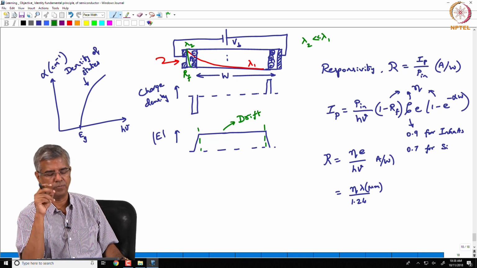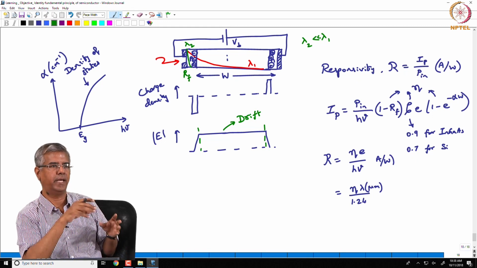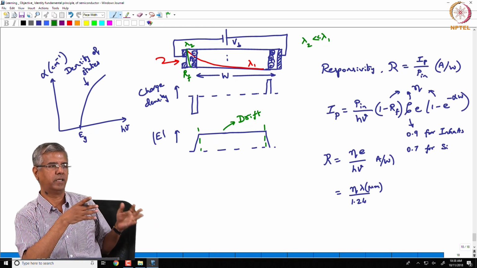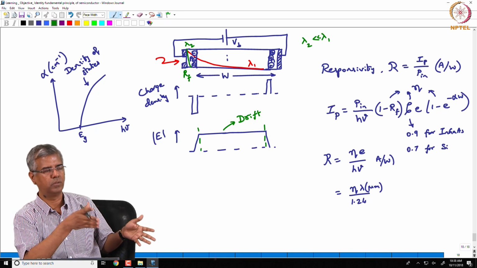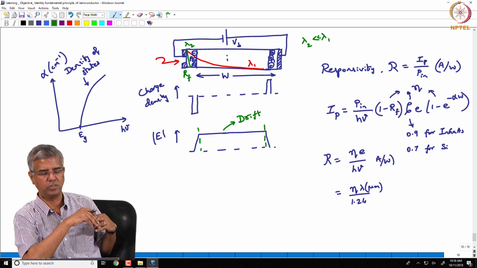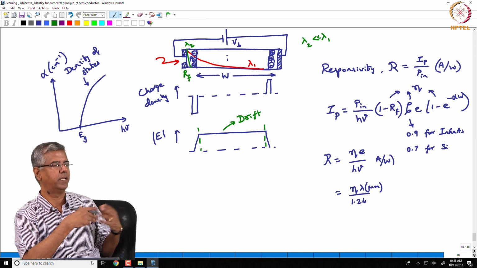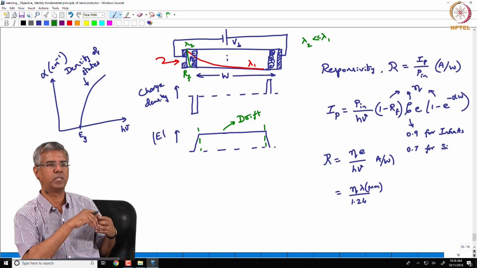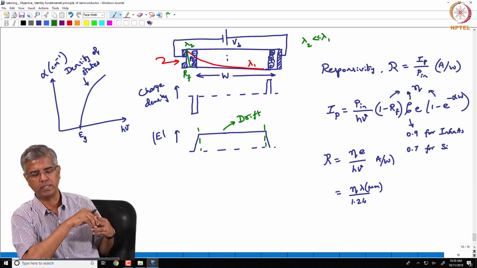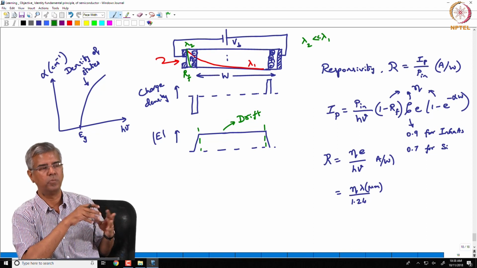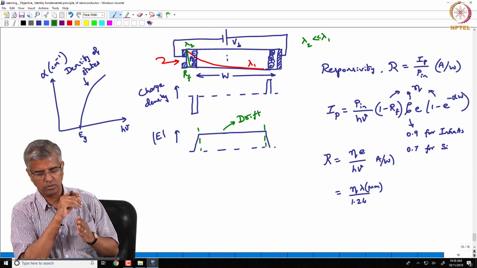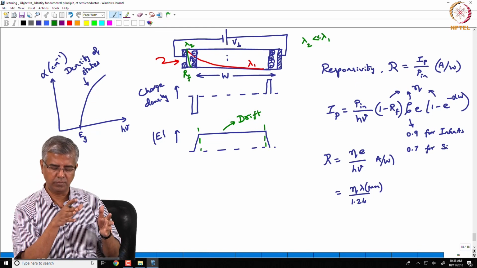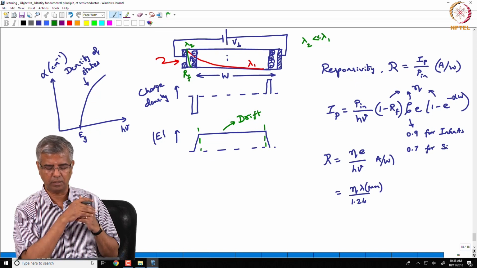And if it all gets absorbed over there, it's only under the influence of diffusion, and most of those charges will get lost. They will just recombine among themselves, and they will lose that energy. So, it won't make it to the external circuit. So, you will have good responsivity for certain wavelengths.